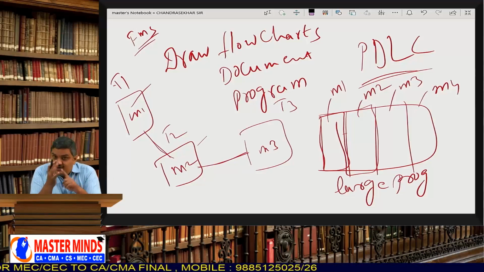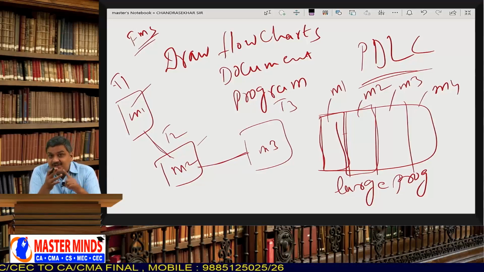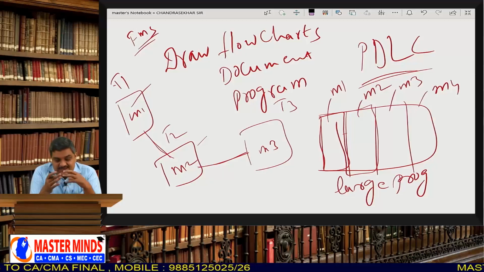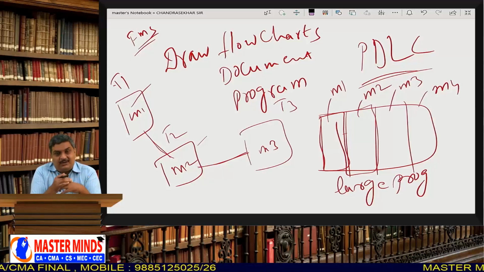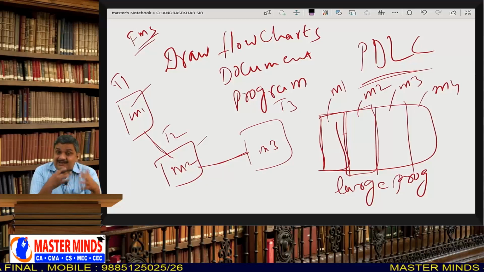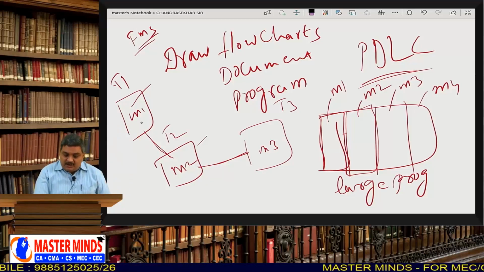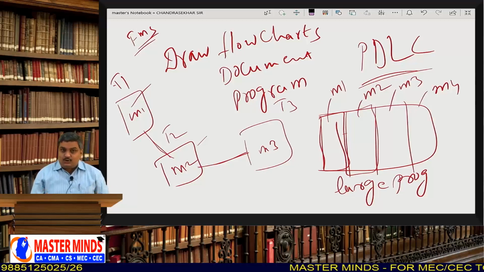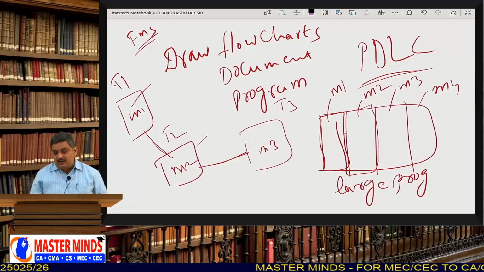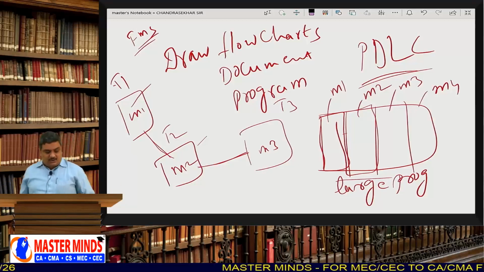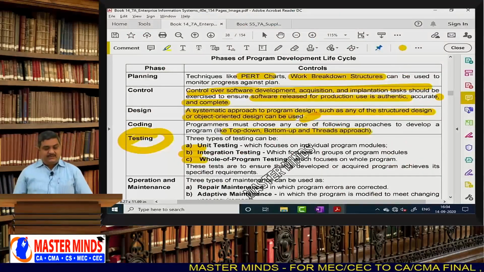So first individual testing, later integration testing, meaning whether the integration is done properly or not. And at last we have to do whole of the program testing. That means once they are joined together, is it okay? Are they functioning properly or not? Again, we have to check. That is called whole of the program testing.